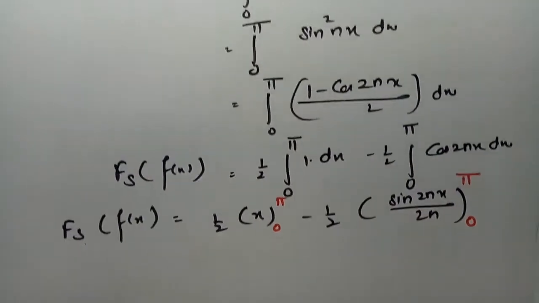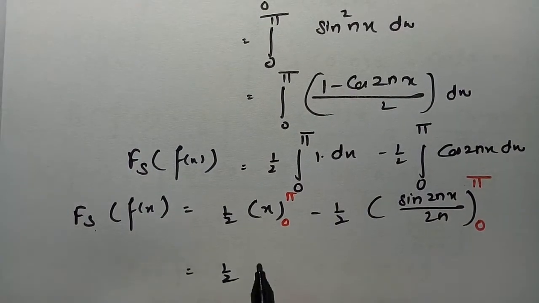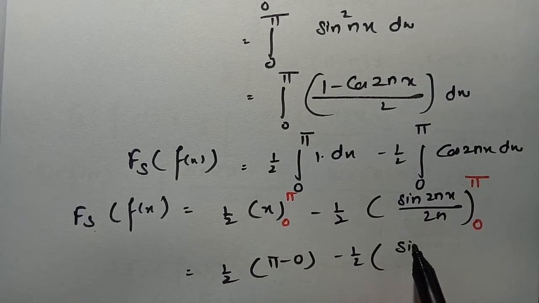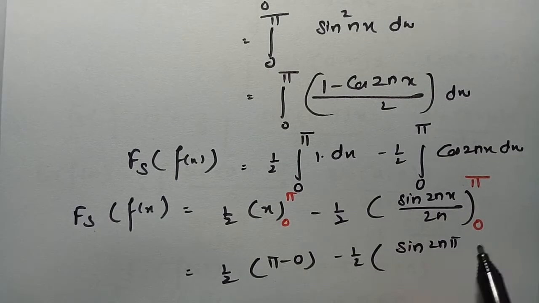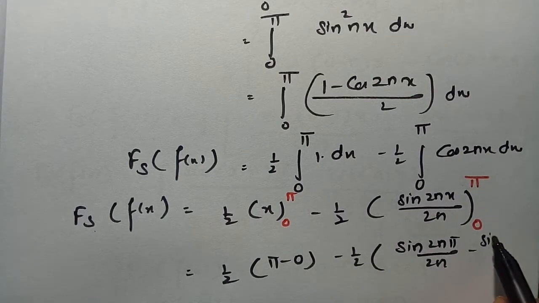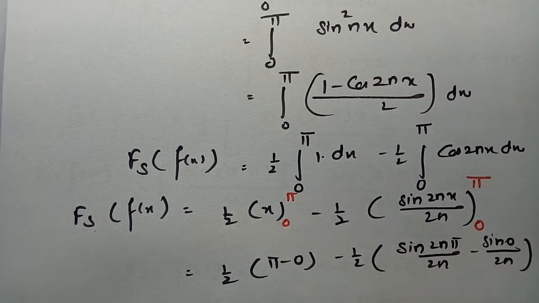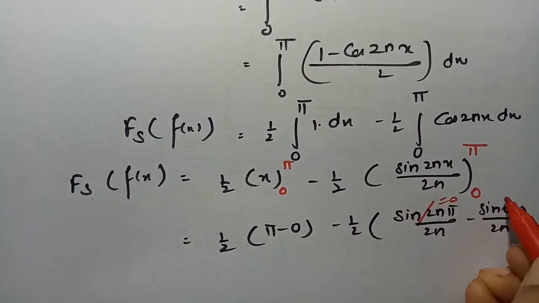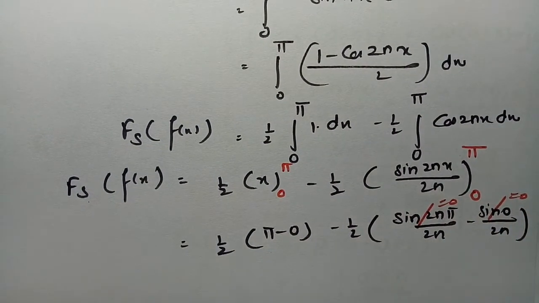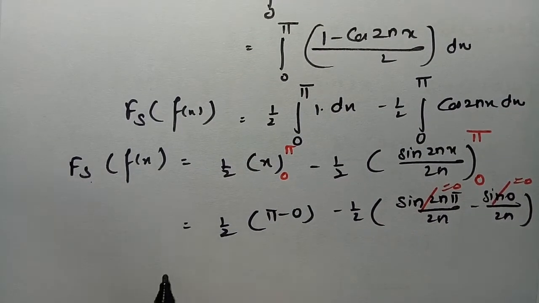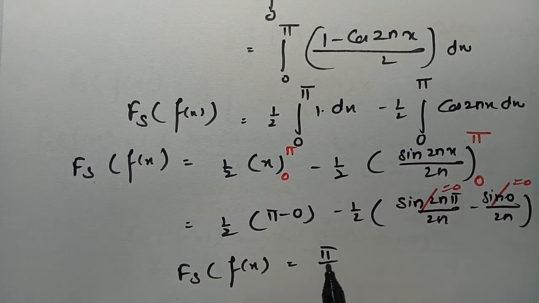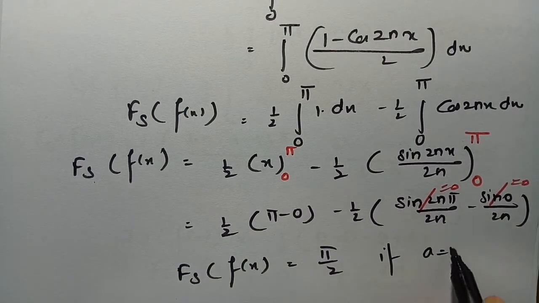If I substitute this, this will be half times of (pi minus 0), minus half times of (sin 2n pi by 2n minus sin 0 by 2n). As you all know, sin n pi value is 0, so this value is 0, and sin 0 is also 0. And what remains here? The Fourier sine transform of the function f of x is pi by 2 if a is equal to n.